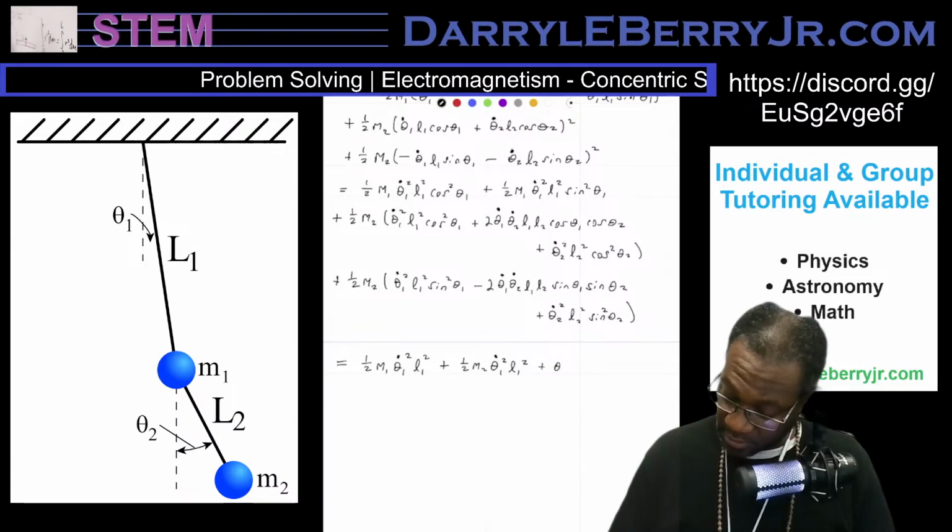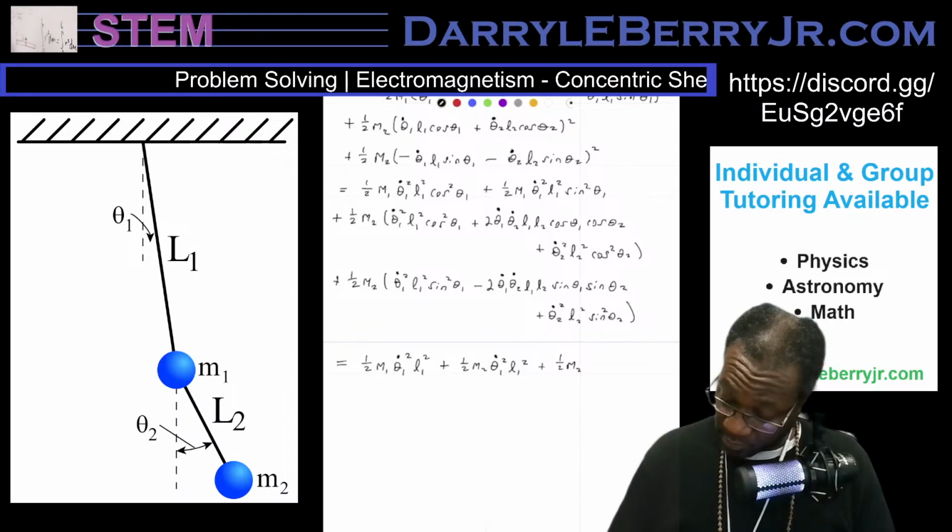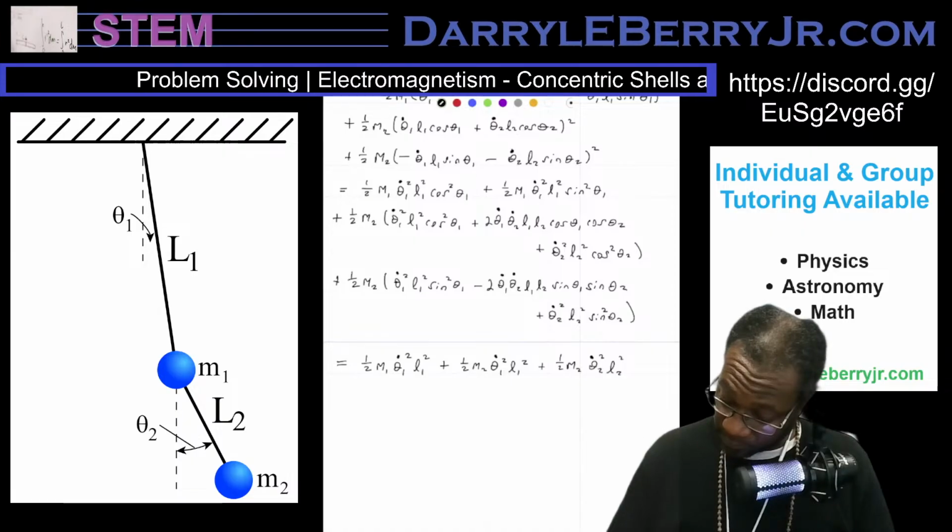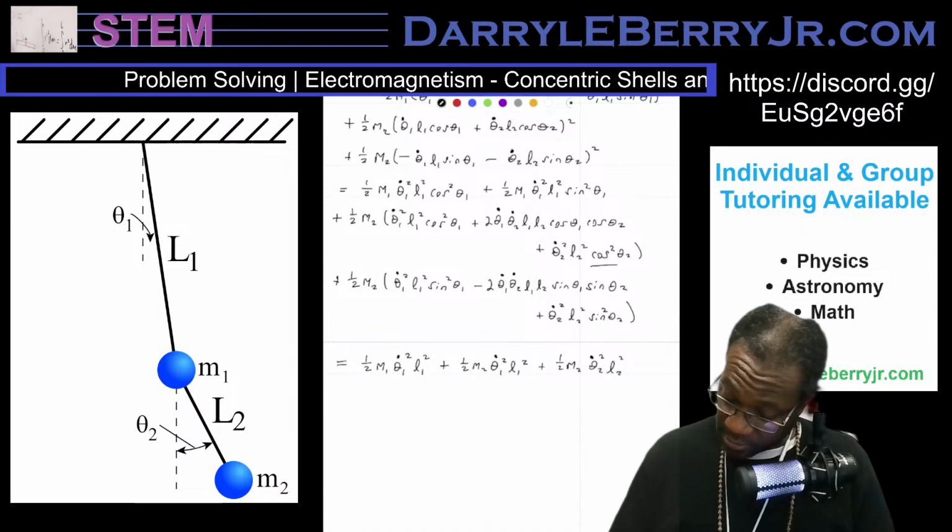We have plus 1/2 m2 theta 2 dot squared L2 squared. And the cosines here cancel out.